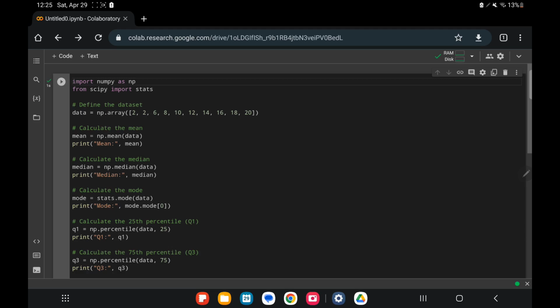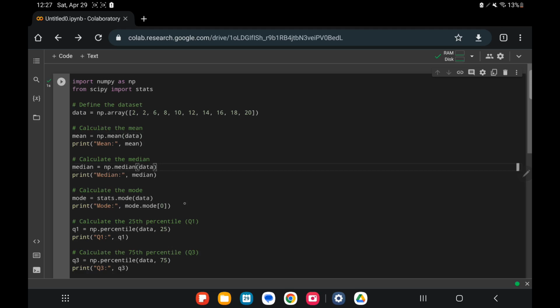Then we are converting it to a NumPy array, simply so that we can apply the statistical functions in the library, right? Then we are calculating the mean of the data, where we can use the mean function from NumPy. Next, we can calculate the median using the median function from the NumPy library.